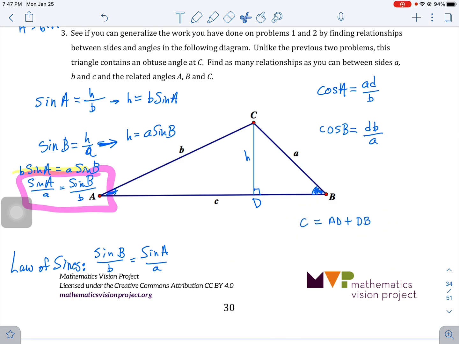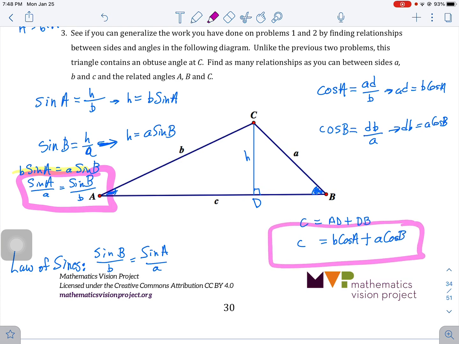I've defined C as the sum of the two segments that make it up, which is AD plus DB, and using these we can rewrite AD as B cosine A, and we can rewrite DB as A cosine B. So now we can say that C is equal to the sum of those, B cosine of A plus A cosine of B. So here's another property that we have found to find the length of C. It's the nearest side B times the cosine of A plus the nearest side A times the cosine of B.